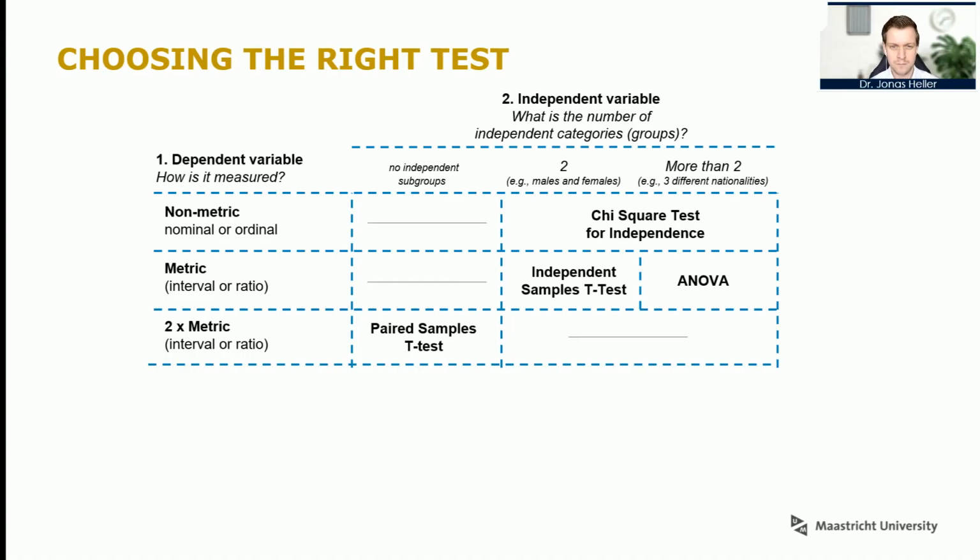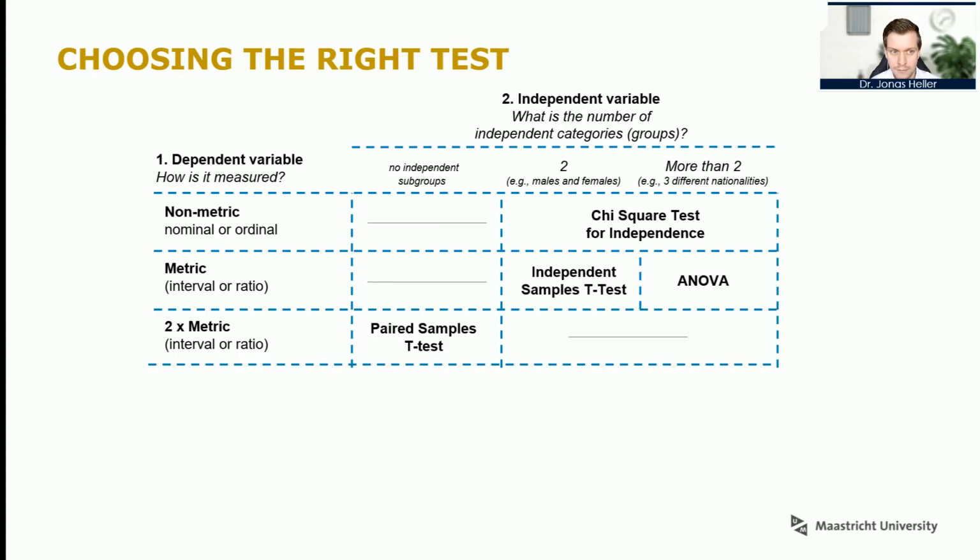And as shown here in this slide, you always have to differentiate between how your dependent variable is measured and whether you have two independent groups. For the dependent variable that you see here on the left-hand side, you have three options usually. Either you have non-metric data, such as nominal or ordinal, or you have metric data, or you have two types of metric data if you have two dependent variables.